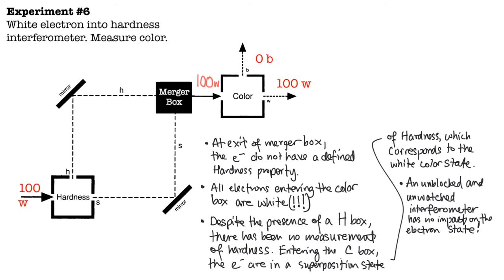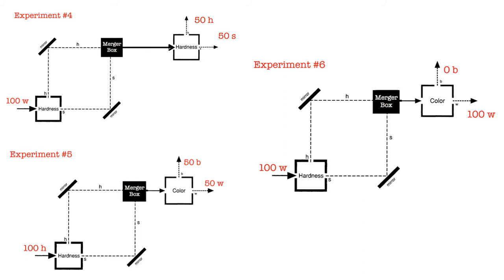So this is the weirdness. This is the weird part. We're shooting white electrons into a hardness box, but those electrons emerge with a defined color and not a defined hardness. Okay, so let's look back at experiments 4, 5, and 6 together and try to come up with an explanation for what's going on here.